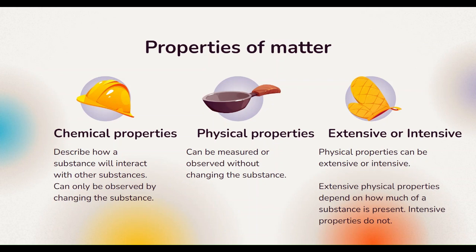Extensive physical properties depend on how much of a substance is present, and intensive properties do not. They're things like color. That doesn't depend on how much I've got. Or temperature. It doesn't matter how much I have. Whereas things like mass and length depend on how much of the substance I have. So those are going to be extensive.